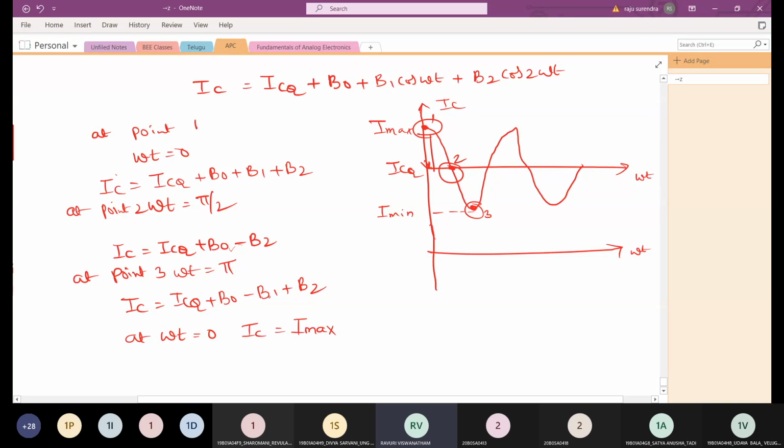At omega t equal to 0, IC is showing maximum value. At omega t equal to pi by 2, IC is showing ICQ. All of you understand? Yes, sir. At omega t equal to pi, IC is equal to I minimum. So it is at point 1, point 2, point 3.